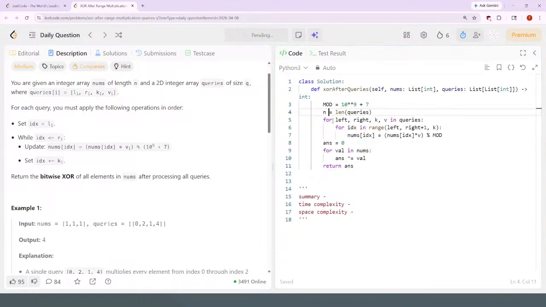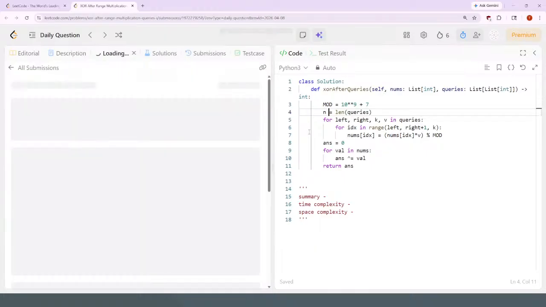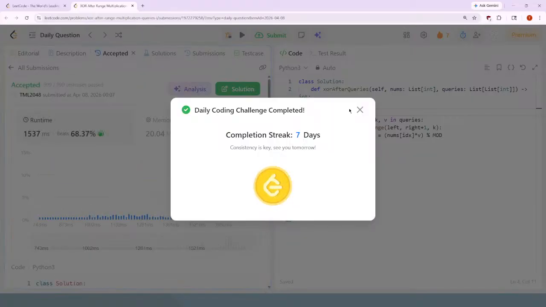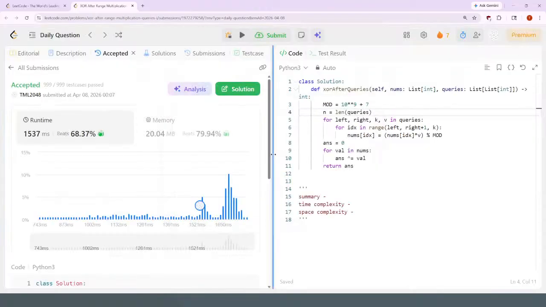I assume this is going to be too slow, but okay. So it's too slow by half, which is an unusual runtime.